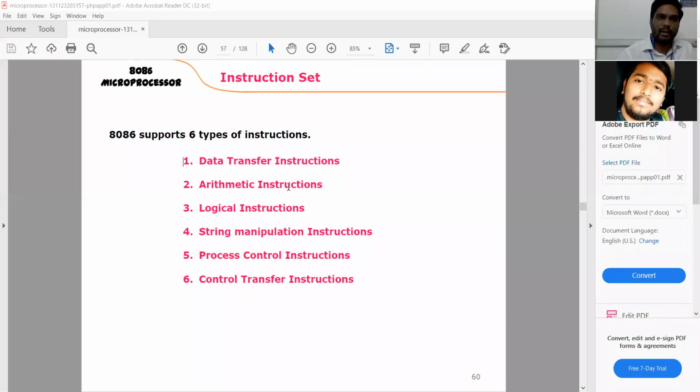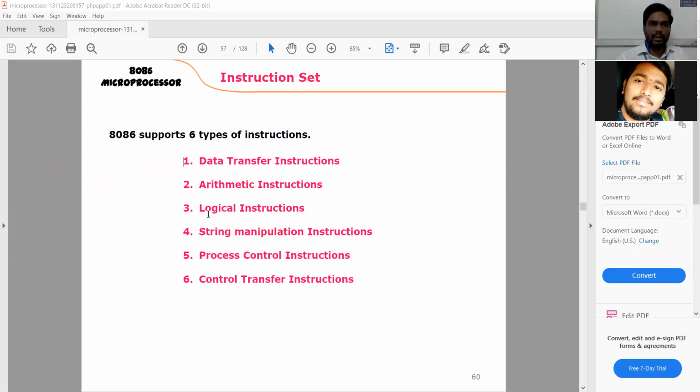In the next category, the arithmetic instructions are used to perform the arithmetic operations. What are all the arithmetic operations? We have addition, subtraction, multiplication, and division. All these kinds of arithmetic operations will be performed by these arithmetic instructions.